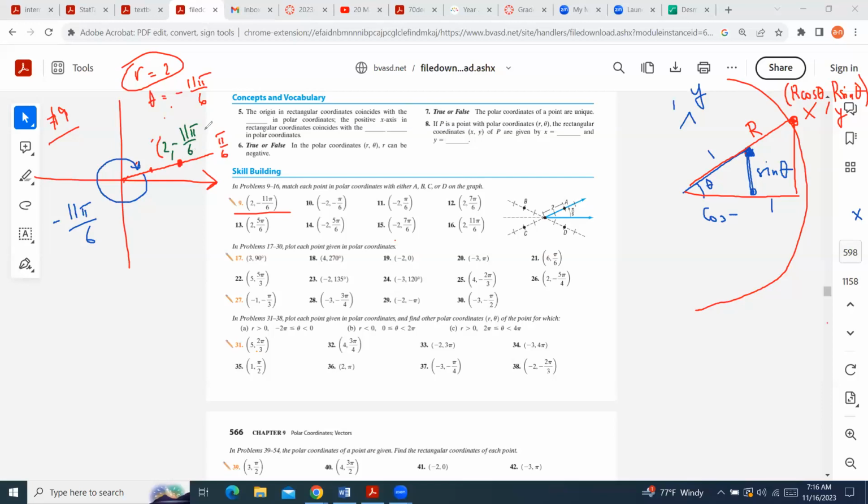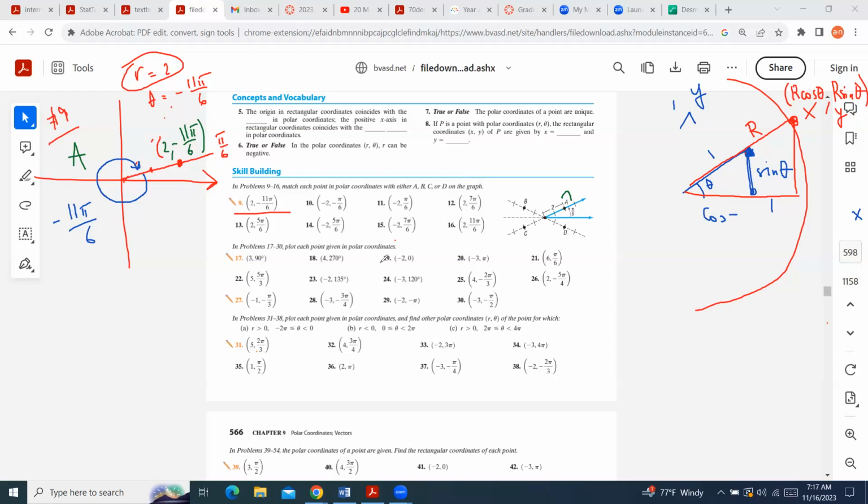So this is my pair, and it looks like this is point A, right? So we just did match 9 with A, just like that. So it looks like in all these exercises, you just want to match the point with either A, B, C, or D.